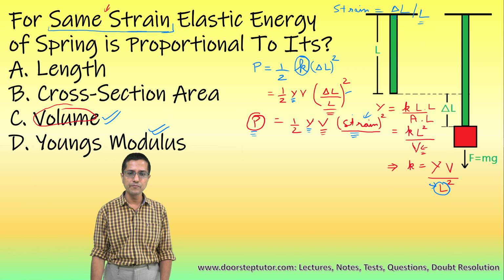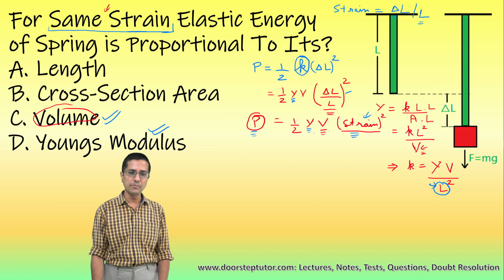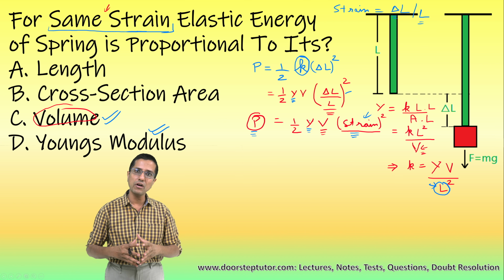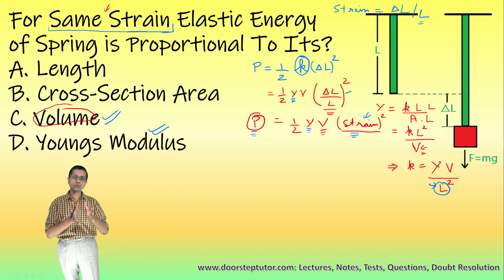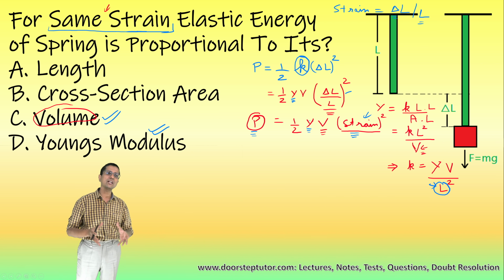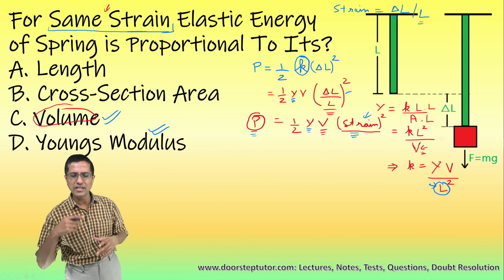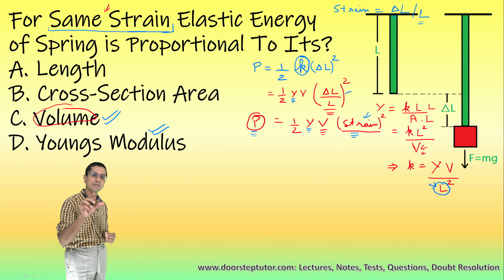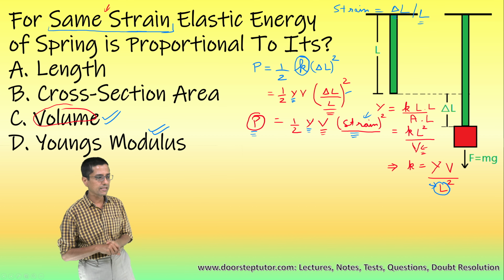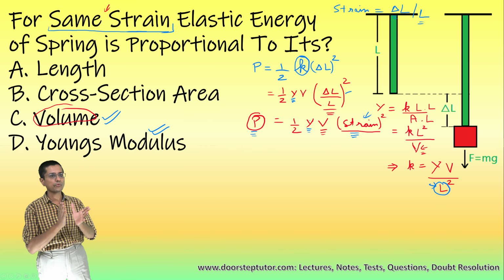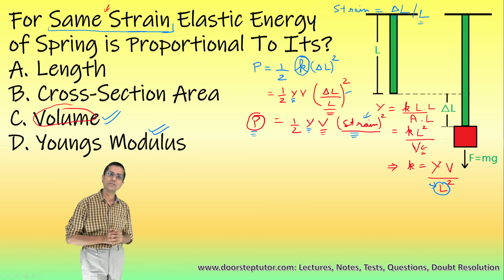As long as the strain is constant, the more the volume of the body, the more the potential energy would be. It would be able to store more potential energy for the same amount of strain. That makes sense also, but we have derived this in terms of a simple formula, and then we have proved the answer to this question.